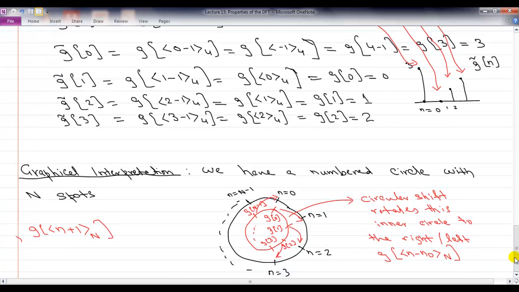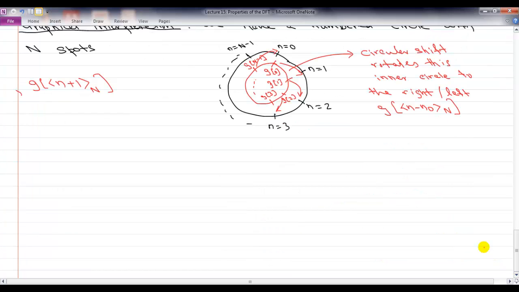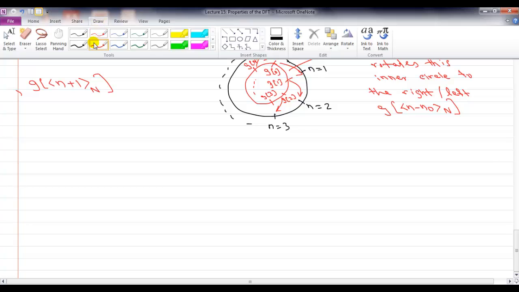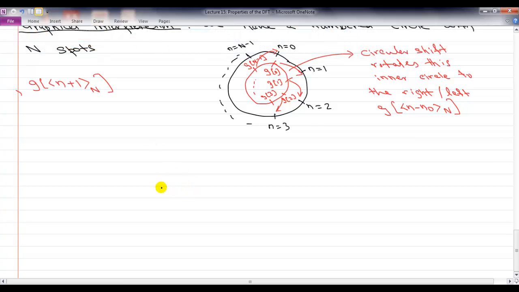You can also think of circular shift on a linear line. So you could keep your plot of n equal to 0, for example, n equal to 1, up to n equal to n minus 1. Okay.